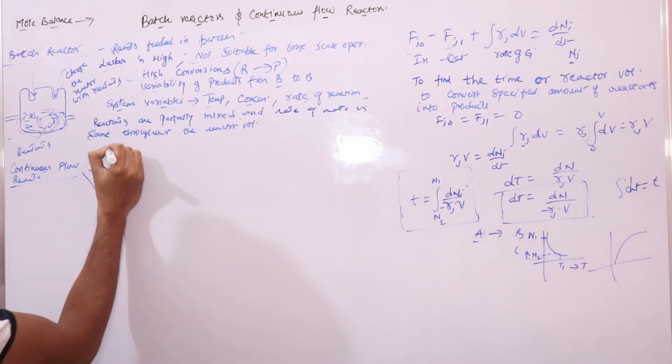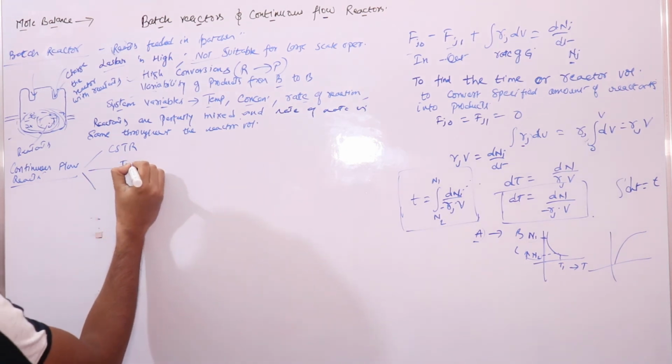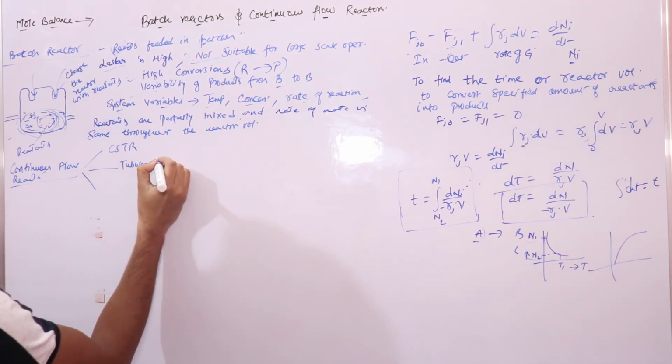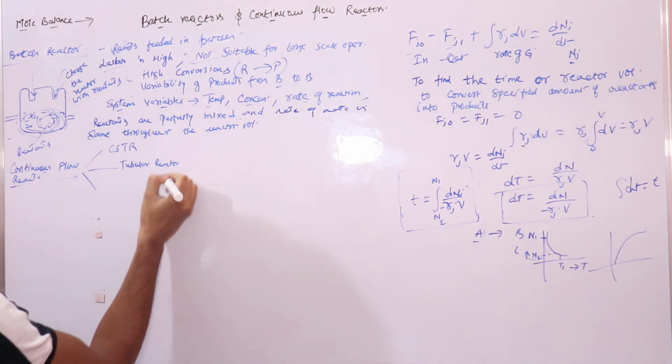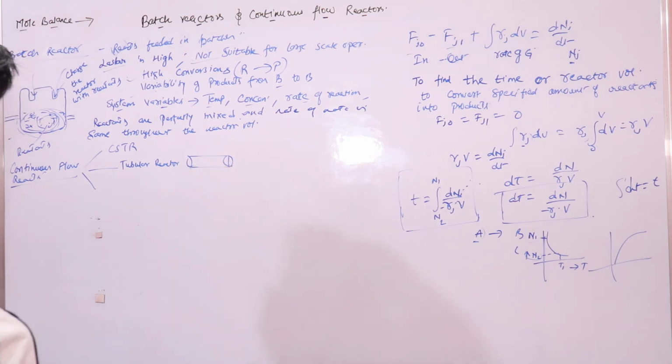One is your CSTR, the continuous stirred tank reactor. Then the other one you have is the tubular reactor. It is called tubular because the shape of the reactor is this kind of shape, a tube shape.